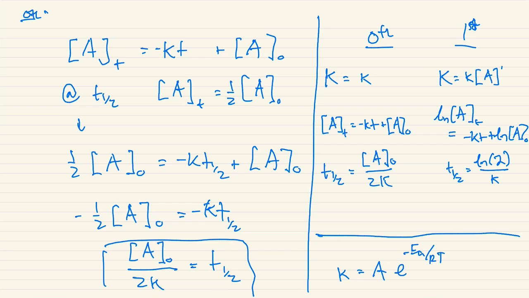Lowercase, because this is the rate constant. The rate constant is where the temperature dependence of the rate of the reaction shows up. All of these are done at constant temperature. If you change the temperature, how it depends on the temperature is equal to the Arrhenius factor right here.